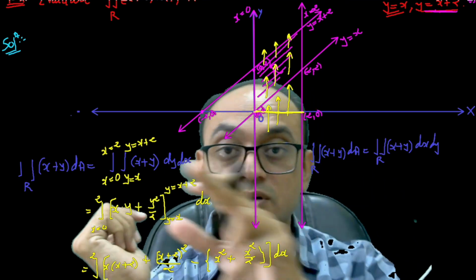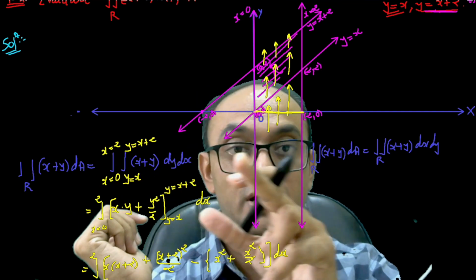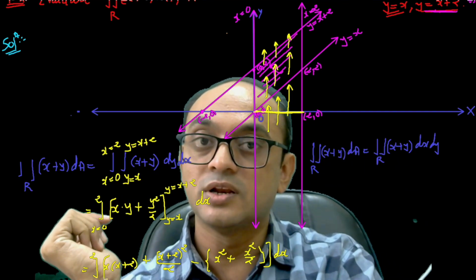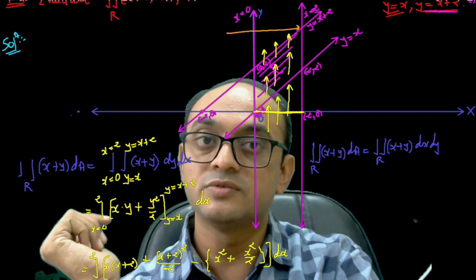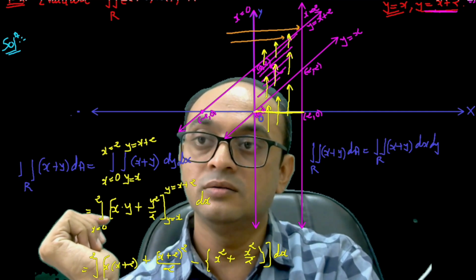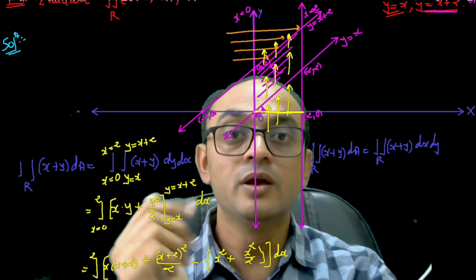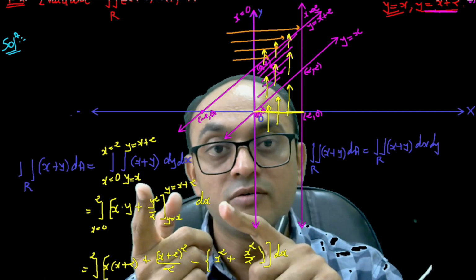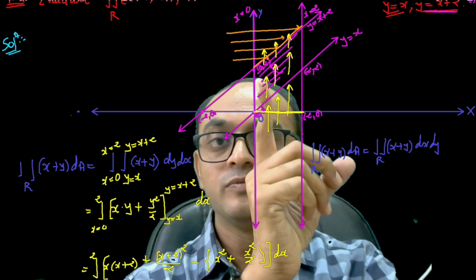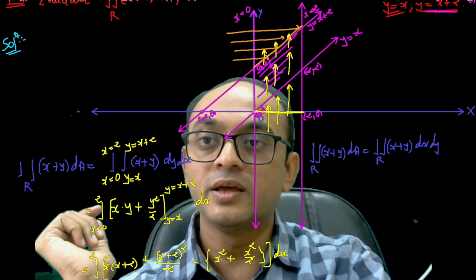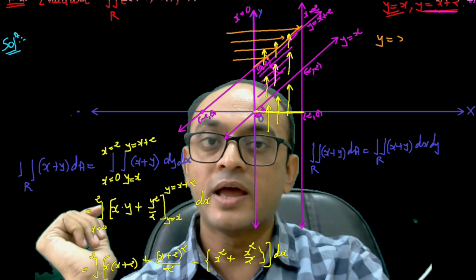How do we draw the horizontal line? We move from the left side to the right hand side. So I draw the horizontal line in such a way that it intersects our region. We are entering our region. So from which part are we entering our region? We are entering the region from this curve. What is the equation of this curve? y is equal to x plus 2.